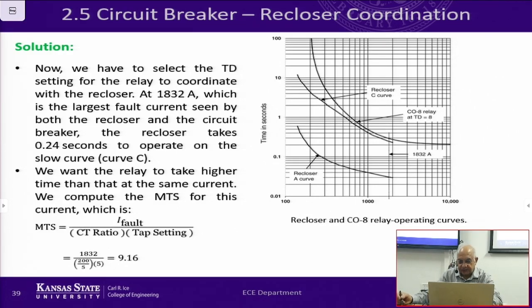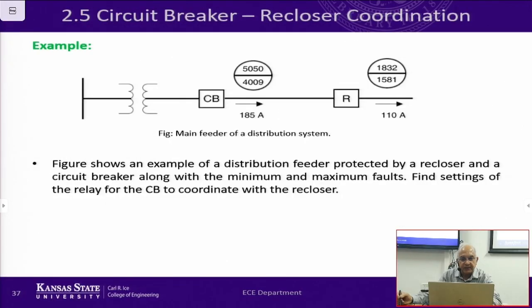These two devices have to coordinate for a maximum fault current of 1832, because 1832 is the fault current seen by the recloser as well as the circuit breaker. So 1832 becomes the critical current for coordination. Always the maximum common current seen by both devices should be used for coordination.